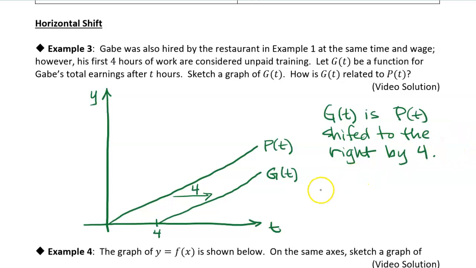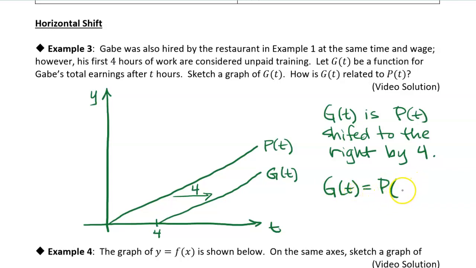So how can we express g of t as a function of p of t, right? Like we did before, we expressed the, what was it, Megan's total earnings in terms of Peter's total earnings, and Jasmine as well. So what do we do there? What do we have to do here? So essentially, Gabe earns the same hourly wage as Peter, right?